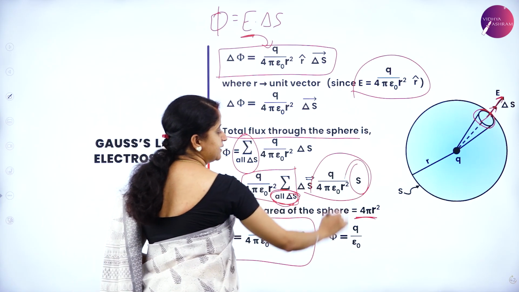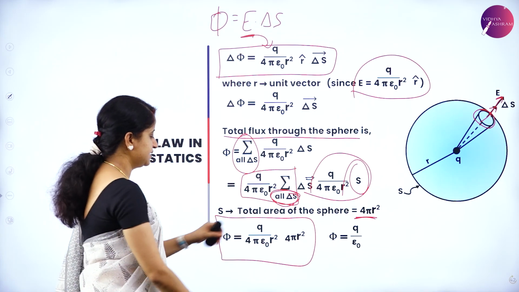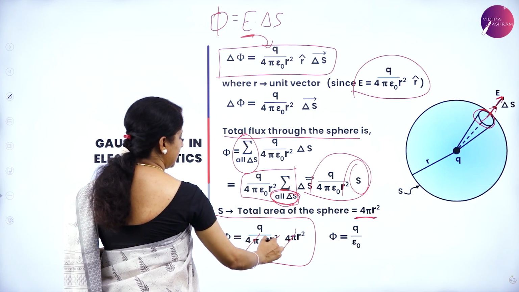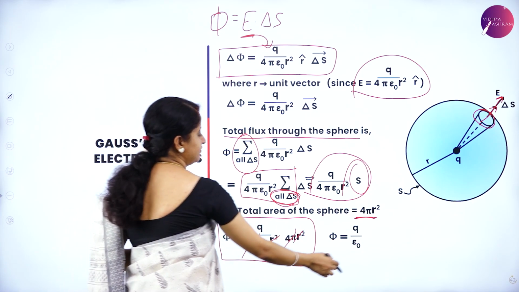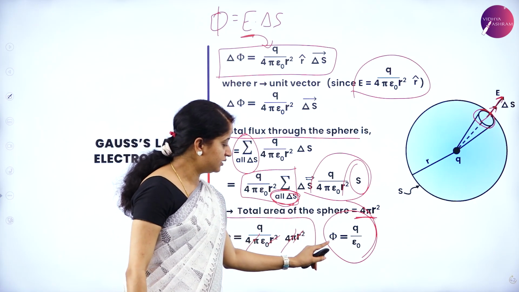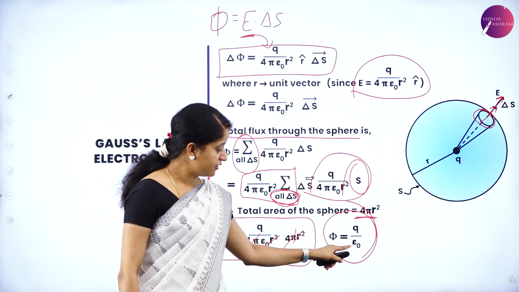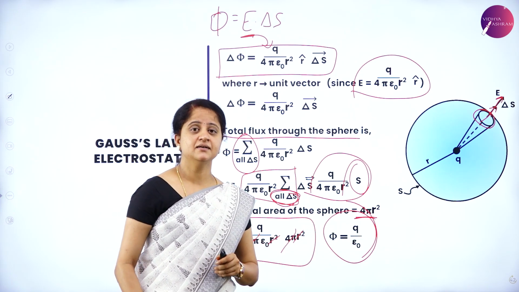I have substituted in the place of S, that is the total area of the sphere. So from this we can cancel 4 pi and 4 pi, R square and R square, and we remain with phi is equal to Q by epsilon naught, which is the statement of Gauss law, that is the total flux passing through a closed surface is 1 by epsilon naught times the charge enclosed by the surface.